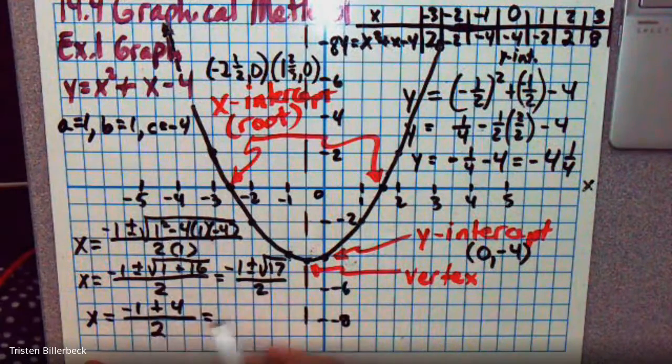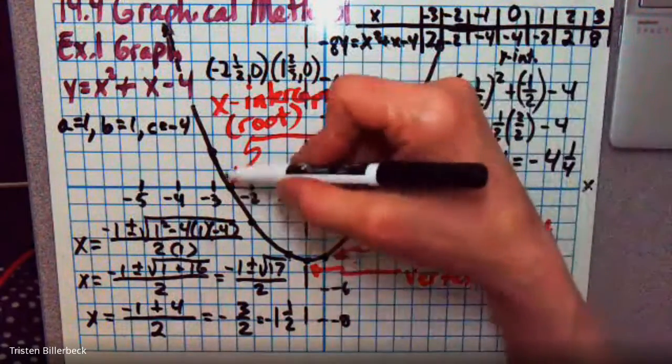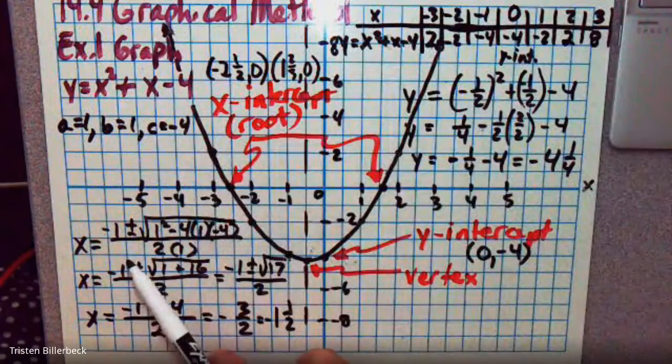So that'd be -3 over 2, which is -1 and 1/2. I must have done something a little off, huh? So let's take a look at what happened. So that's -3, okay, 4. And I graphed that right, so there's something wrong in here.